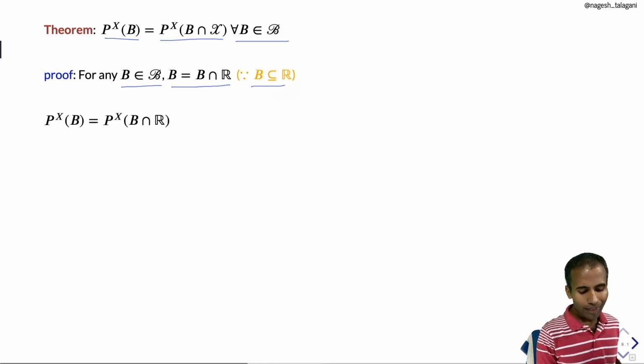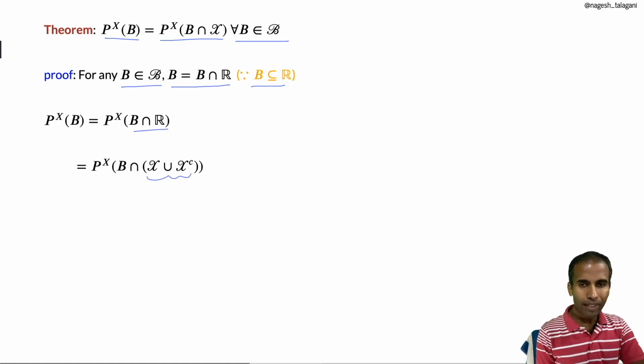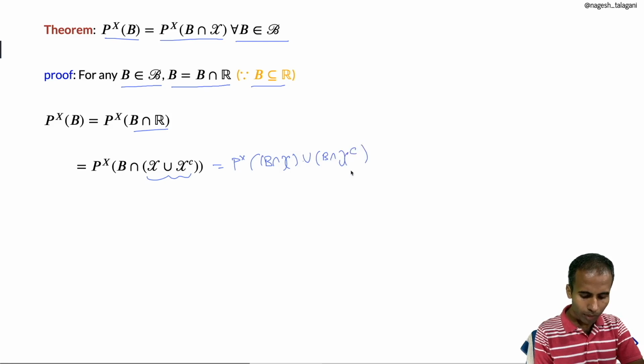Now Px of B we can write as Px of B intersection R. Now this R we can replace with script X union script X complement. If we apply distributive laws, inside we get Px of B intersection script X union B intersection script X complement.